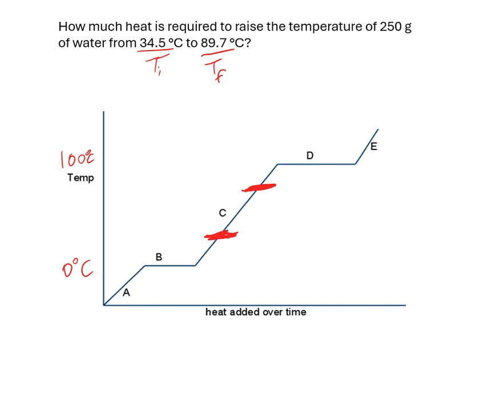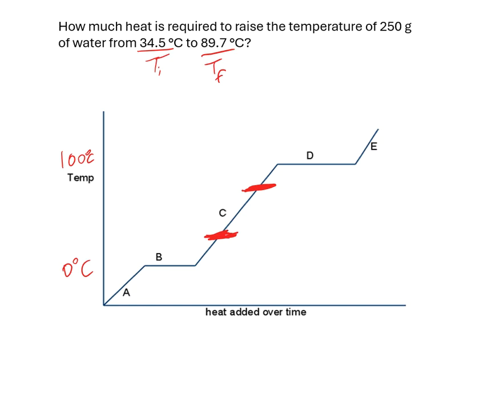Again, if we're dealing with the transition involving melting or fusion, we have to think about the heat of fusion, and that tells us how much energy based on the mass. So we simply multiply our mass by the heat of fusion. Same thing with the heat of vaporization. So if we have to overcome the conversion from the liquid to the gas phase, then we have to use that. But in this case, we don't have that.